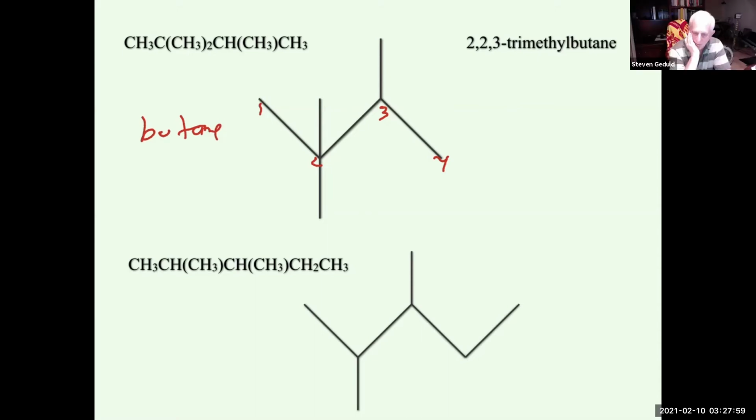Pentane. 5 carbons. 1, 2, 3, 4, 5. So 2,3-dimethylpentane. Was that 9 yet? No, I think it's 1 or 2 more.